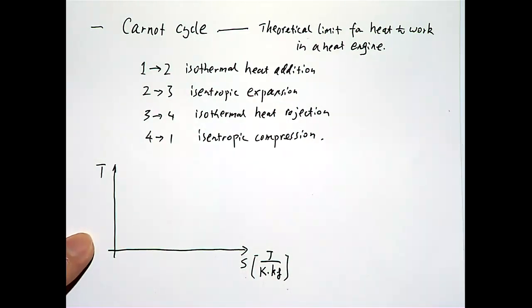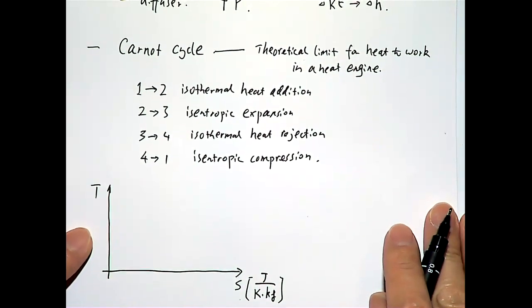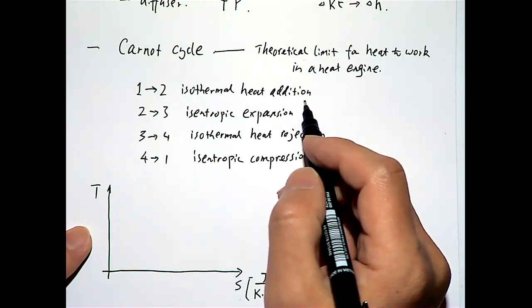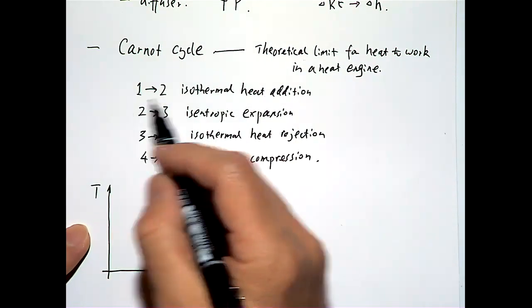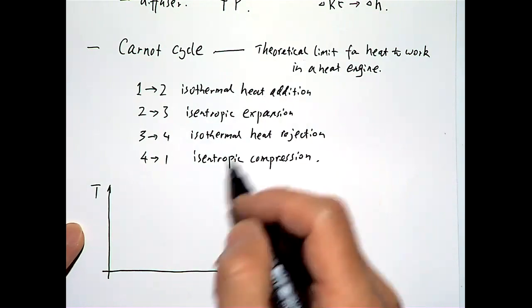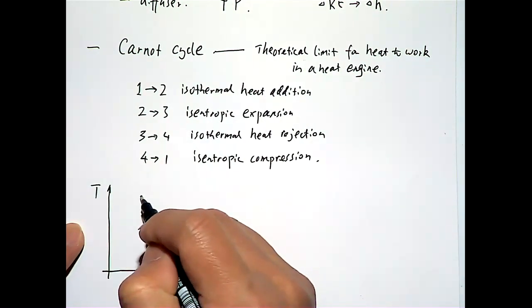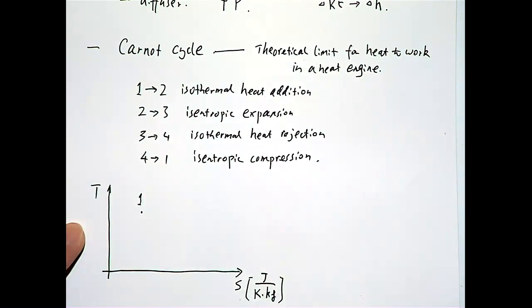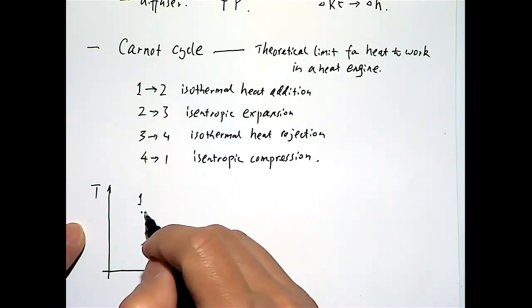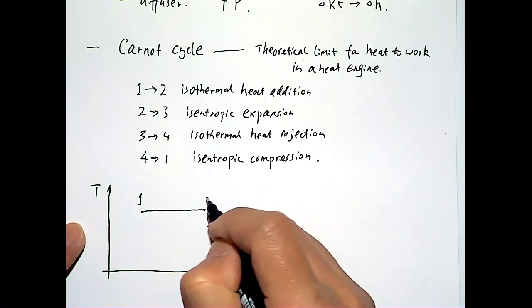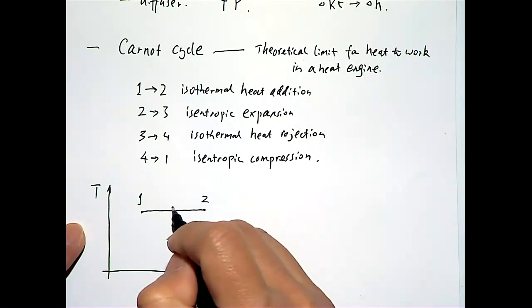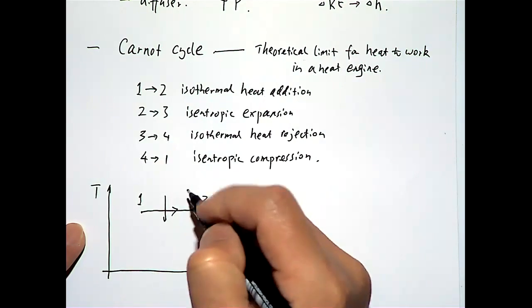So the first step is isothermal heat addition. So if you have an isothermal process, if I start from here, how should I draw the line to get to state 2? Yeah, a horizontal line to get to state 2. Yep. So this process is called the heat addition.